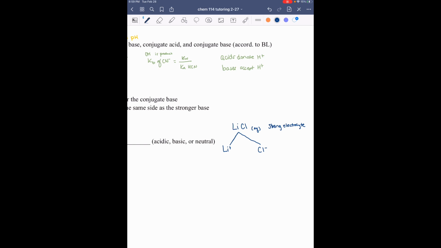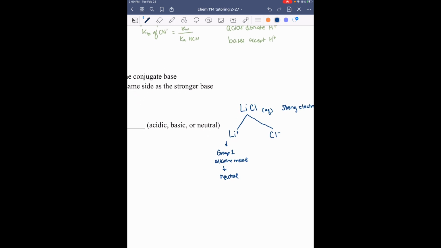So, Li plus is a group 1 alkali metal. So it is neutral. We use those a lot, so you can either just know it, or you can see that the base of this would be LiOH, which is a strong base, which means it'd be a weak conjugate acid, which would lead to neutral.